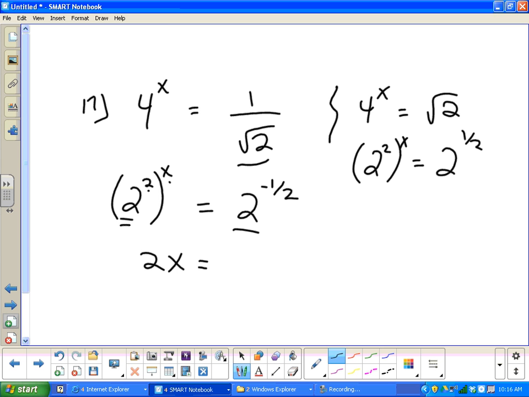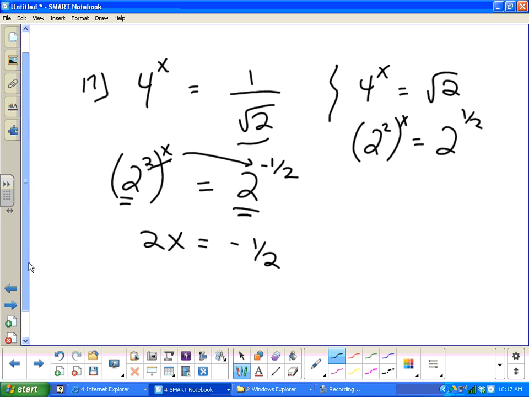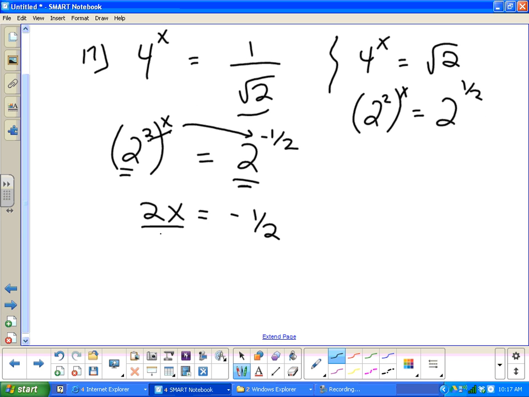Now what are we doing here? The 2's are going away because they're the base, right? And so all we're doing is setting the exponents equal. So we're going to get 2x equals negative 1/2. So now we just divide by 2. Now that's going to confuse some of you. Negative 1/2 divided by 2. We multiply by the reciprocal.